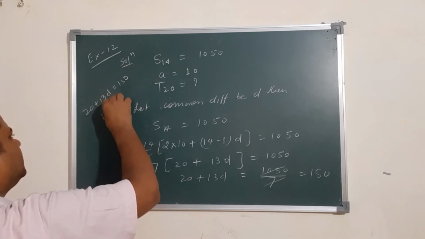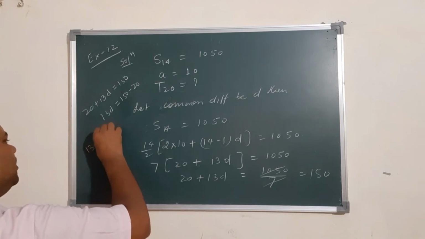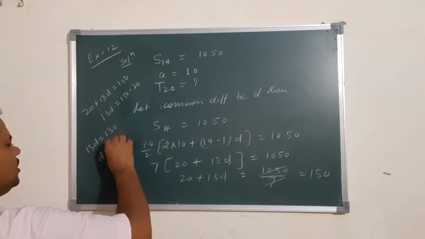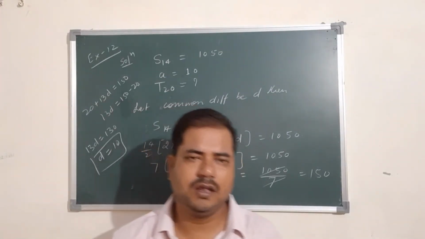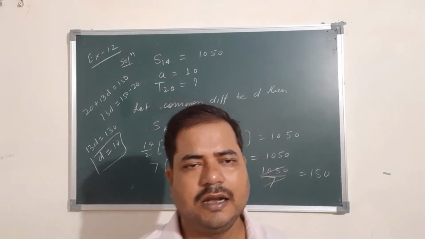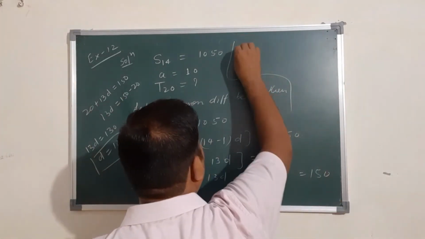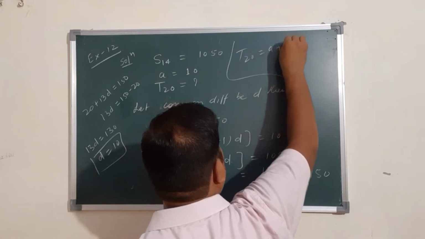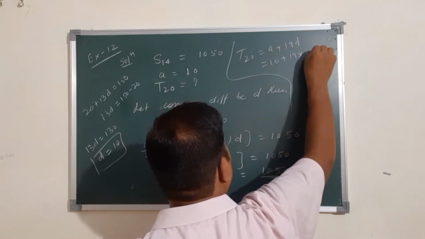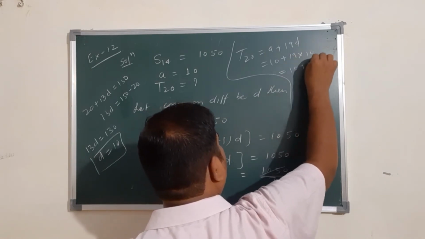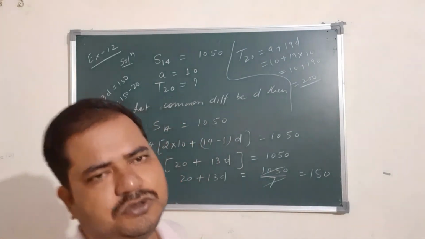So 13D is equal to 150 minus 20, so 13D is equal to 130. So D is nothing but 10. Now what we want to find is T20, that means the 20th term. T20 is nothing but A plus 19D. So this is 10 plus 19 into 10, which is 10 plus 190, and this is 200. So the 20th term is 200.